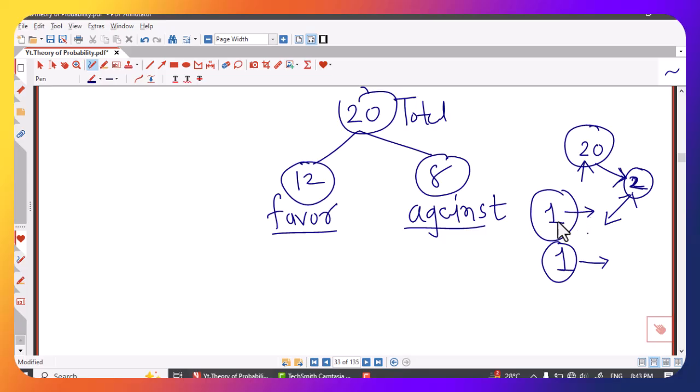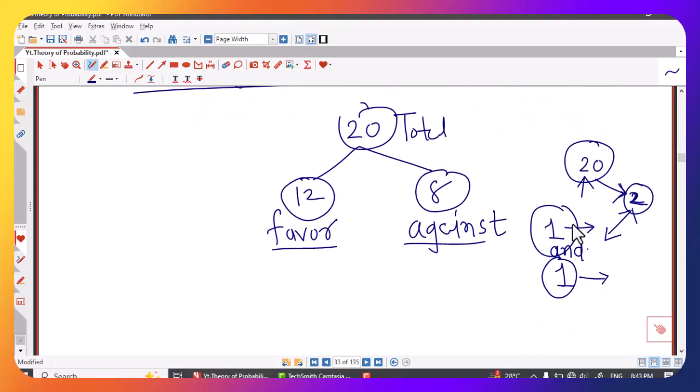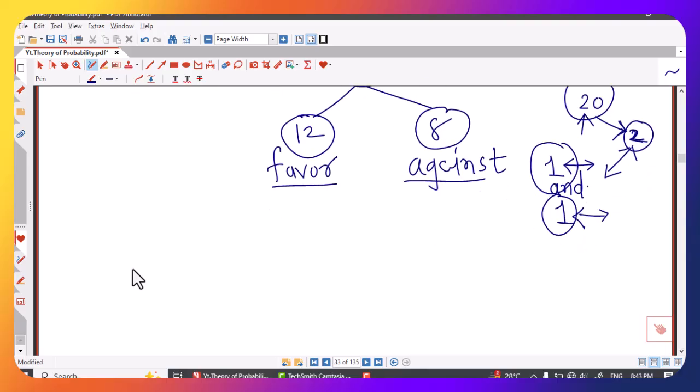So we have to find the probability that the first selected worker and the second selected worker are both against the new safety regulations. Here is how we define the events.